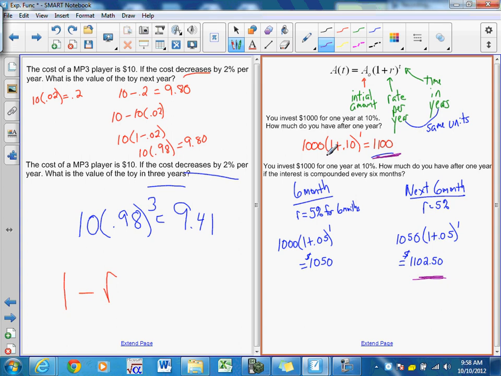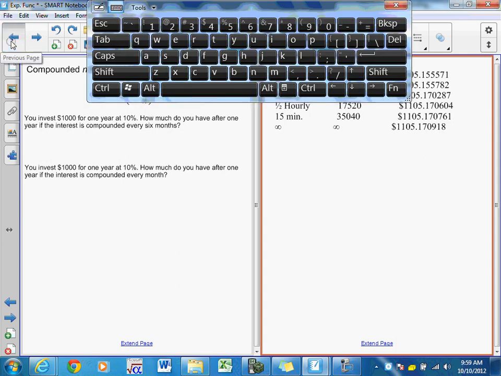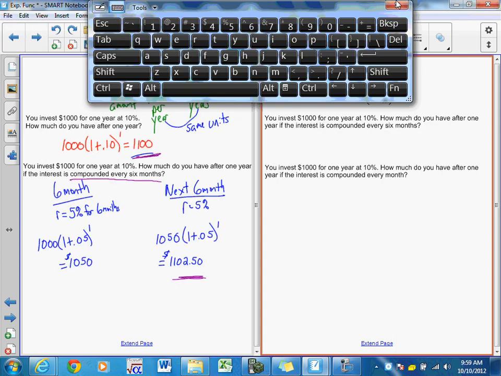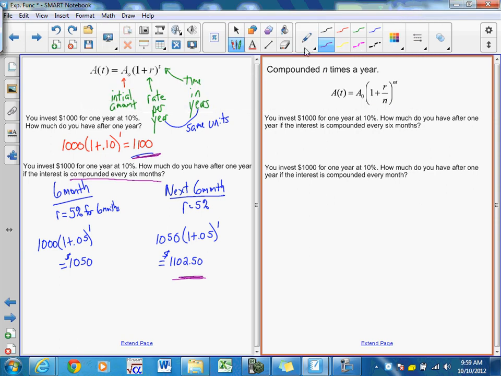So by compounding it every 6 months over compounding it just once a year, I got more. So if every 6 months is good, what if I did it every month?